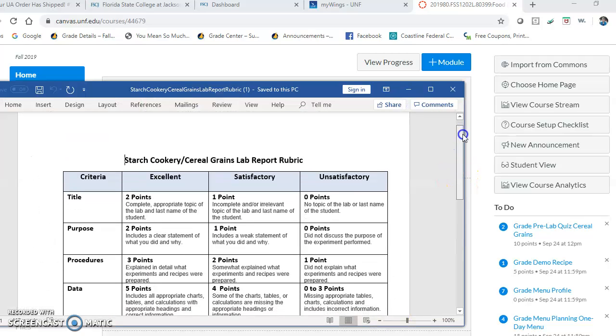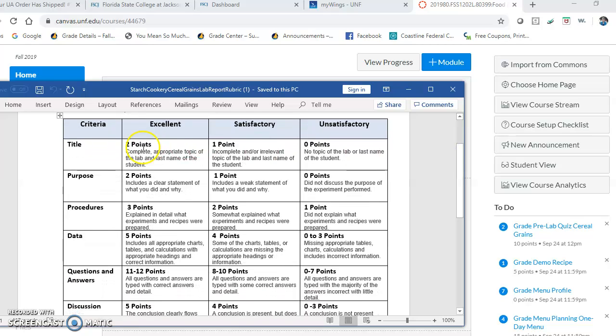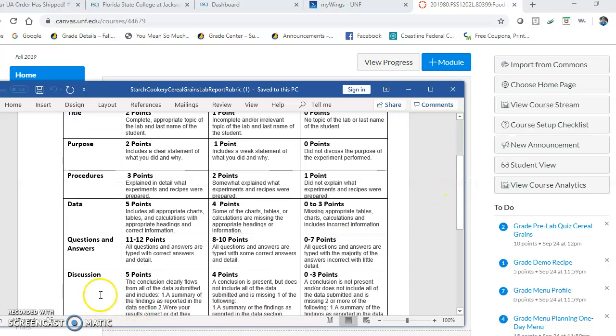Each section. There you have the title, the purpose, the procedures, the data, the question and answers, the discussion. It's letting you know how many points you are going to receive for each section.